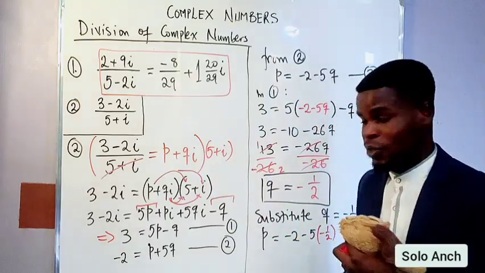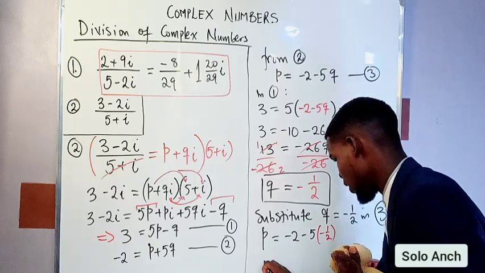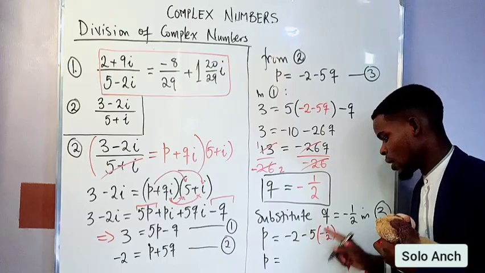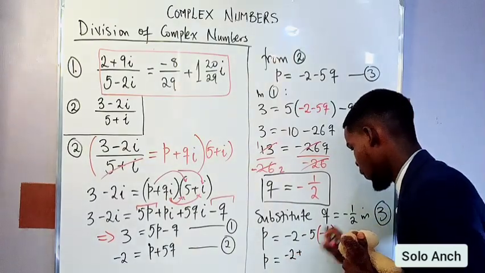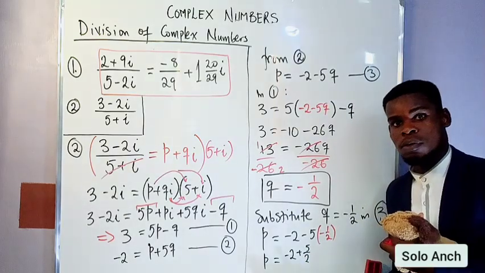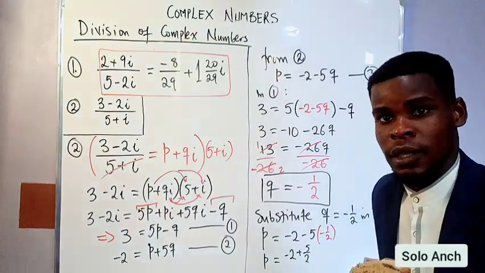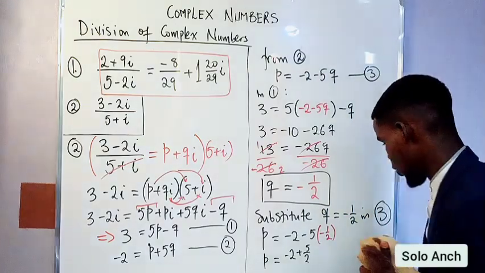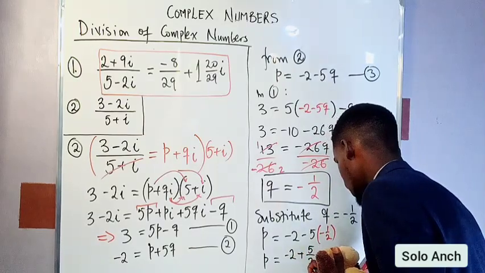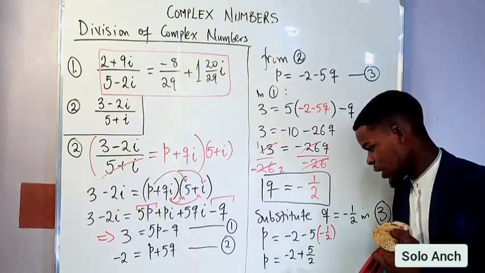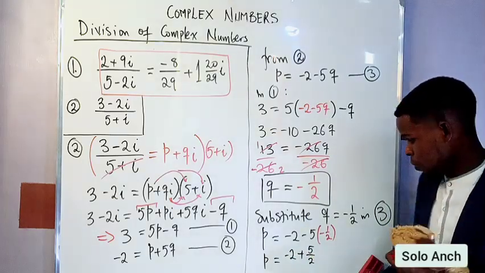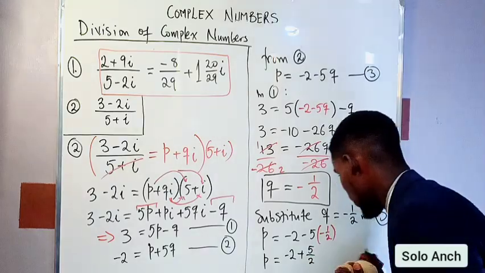And then we subtract 2 from that. So p is going to be negative 2 plus 5 over 2. So adding these two numbers together, this will be positive 1/2, right?